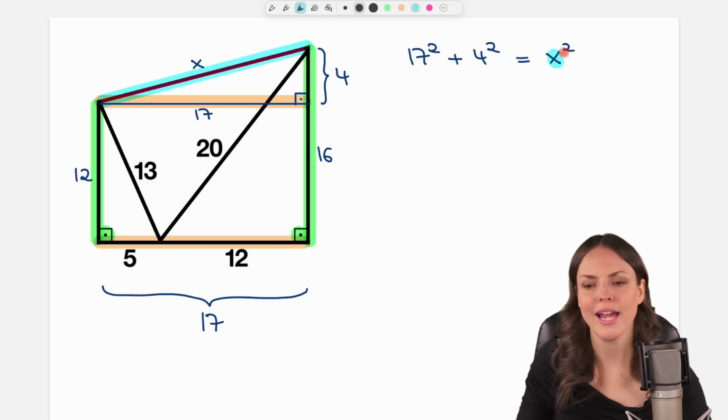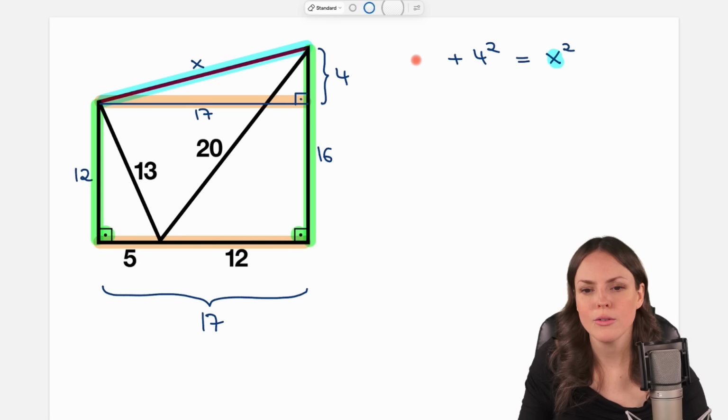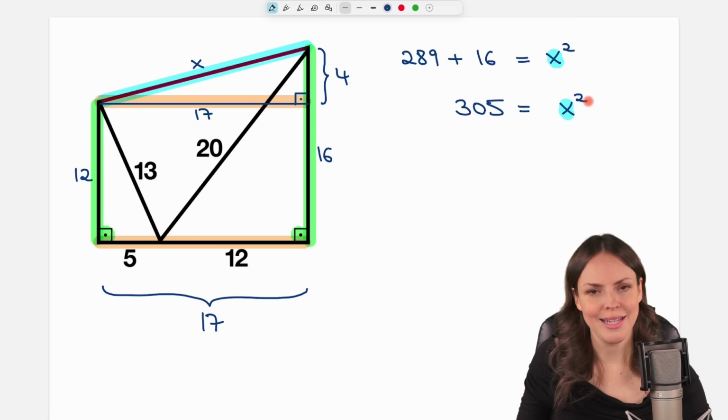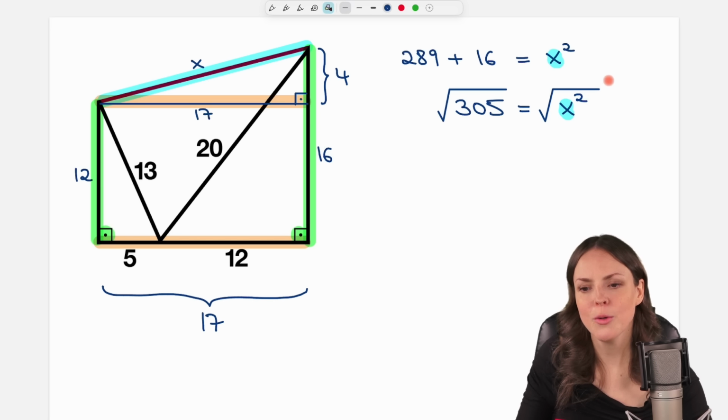And let's solve for x now. Let's calculate here first. 17 squared equals 289. 4 squared equals 16. If we add these two numbers, we get 305, which is our x squared. To solve for x, one last time, we take the square root on both sides of the equation.